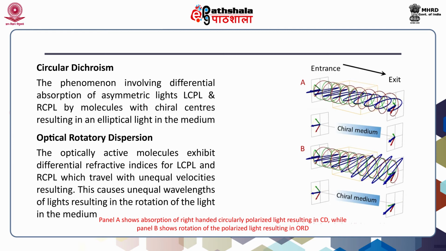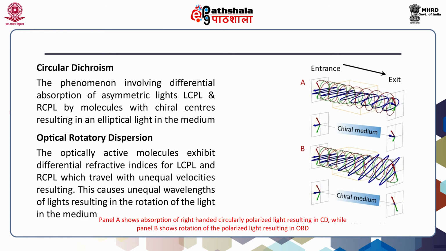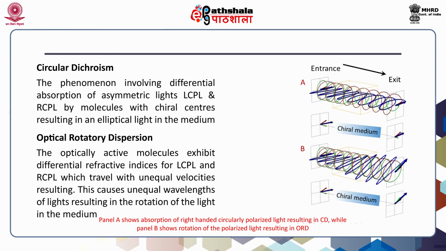But if we keep on changing the wavelength, this angle of rotation, which we call alpha, converted further into molar rotation, will be different at each wavelength, even for a given molecule or medium.